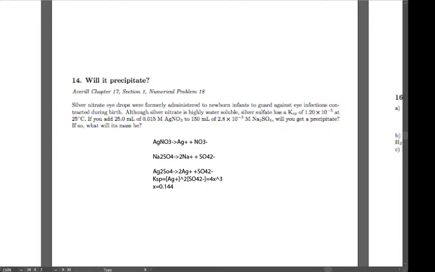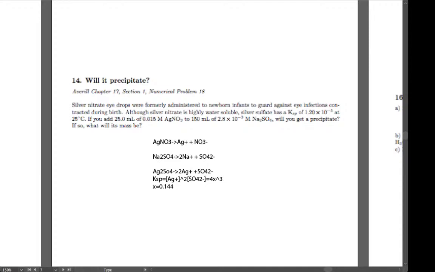Silver nitrate is actually a very soluble thing. If you just mix those two, they would react with one another. One of them is going to be sodium nitrate.